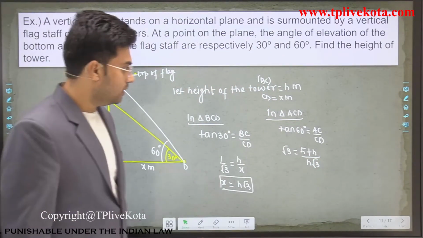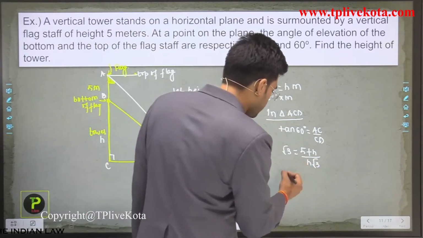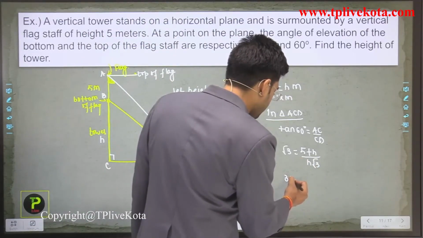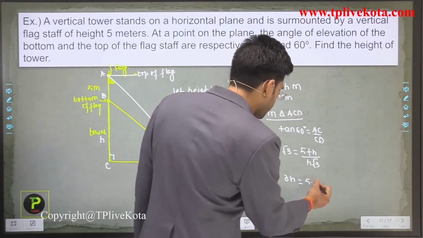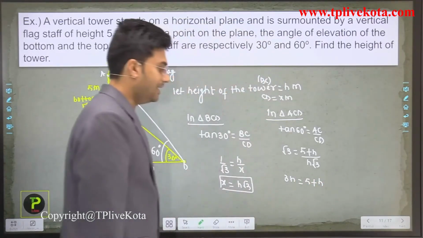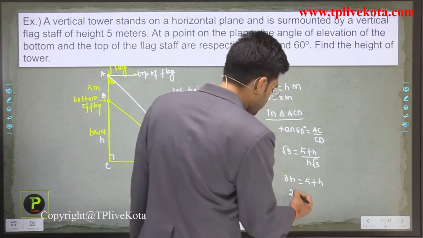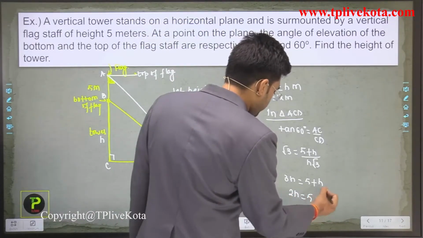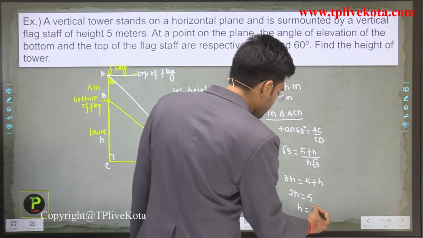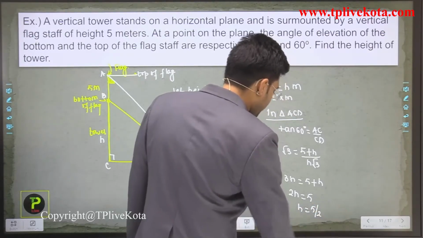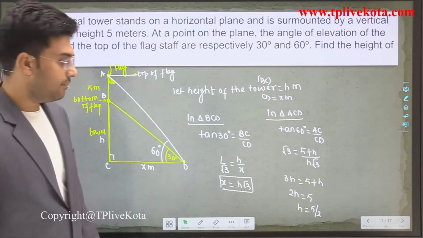So when we solve this, what will we get? 3h is equal to 5 plus h. So 2h is equal to 5. So h is equal to 5 by 2.